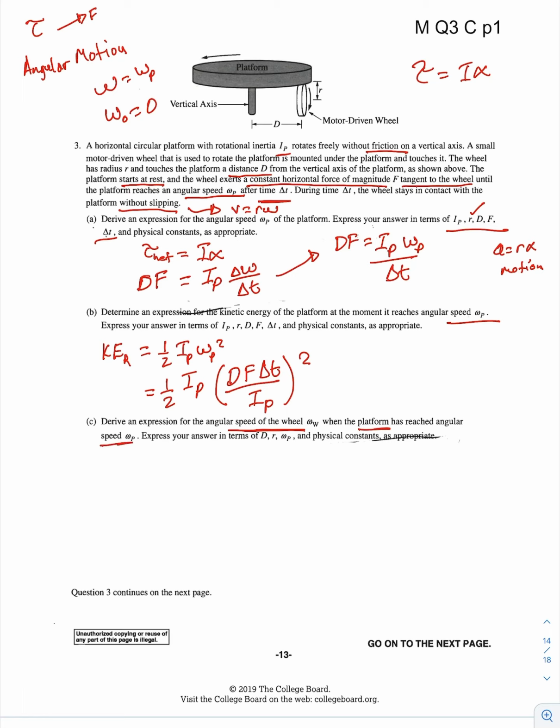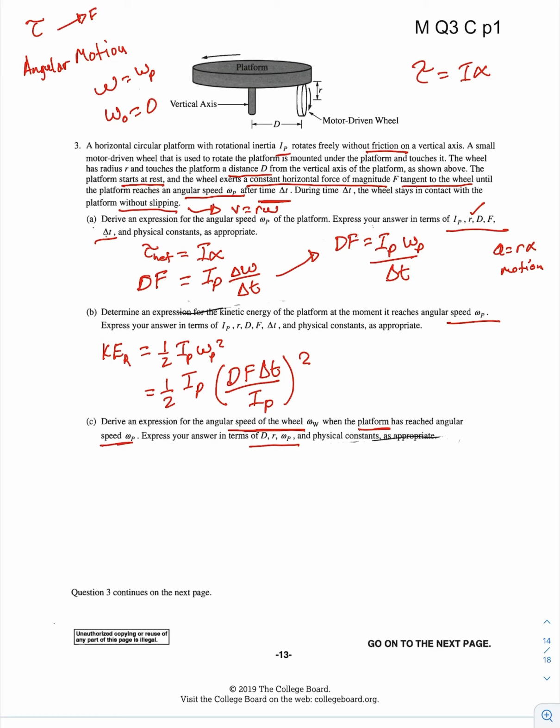So the platform is at its omega p. Express your answers in this, and any physical constant. So now I'm lost, right? Because I'm like, how am I going to relate the angular speed of the wheel to the angular speed of the platform? How can I do this?